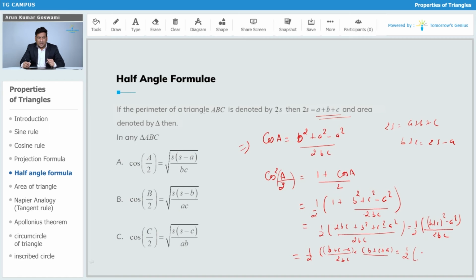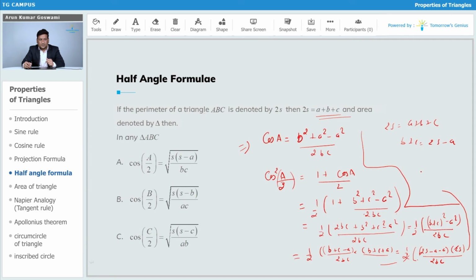Okay, so what we have here is 2s minus A, and here 2s, divided by 2BC. This 2 cancels out with this 2, and finally we are left with, basically I'm going to write this thing here. So don't get confused.